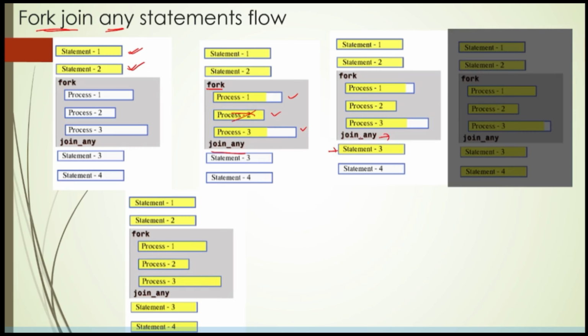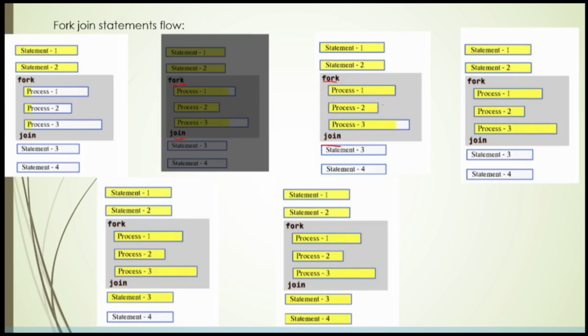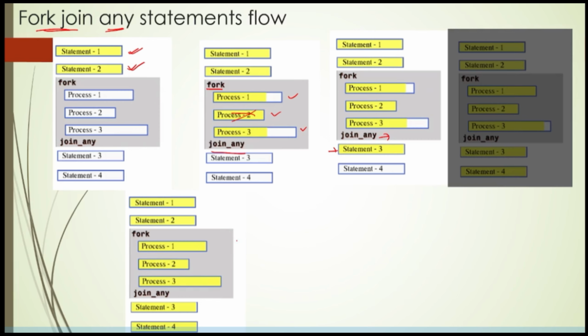Okay, so that is the main difference between fork join and fork join any. Because in fork join, until all the processes are done, that means until all the statements within the three processes are completed, only then is the third statement executed. But in the case of fork join any, at least if one process, if you see here, at this point of time process 2 is completed. Since process 2 is completed, obviously the simulator will come out of this fork join any block, and then statement 3 is executed.